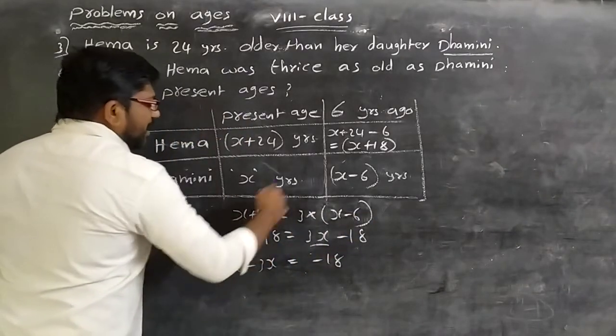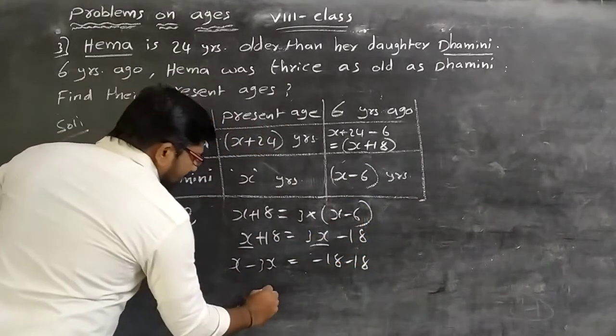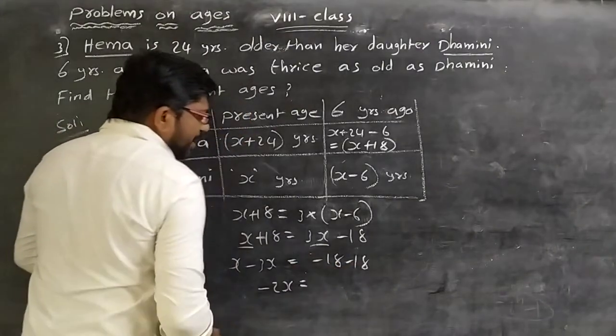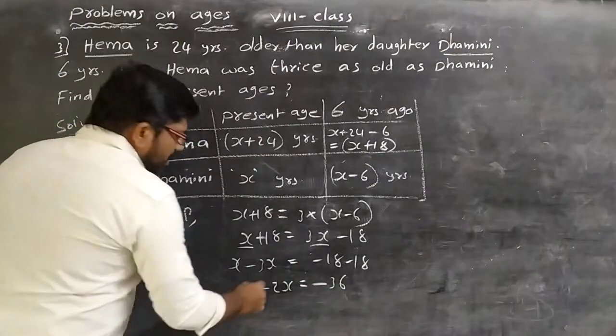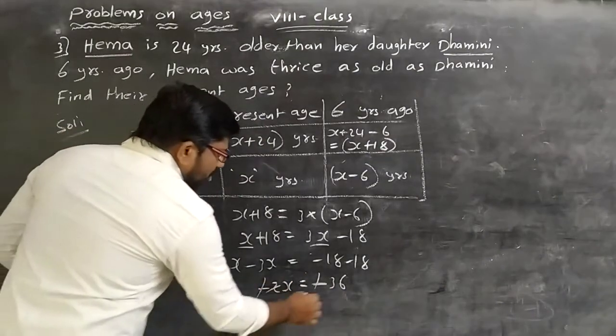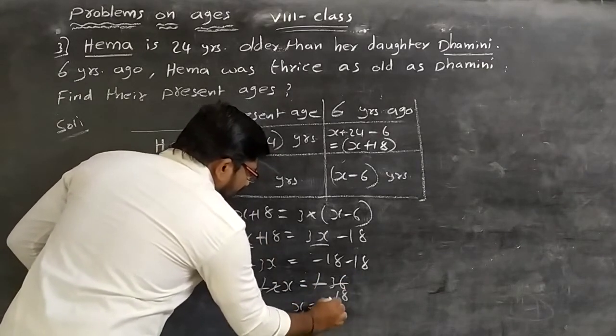So plus 18 take to that side, it will become minus 18. So minus 2x is equal to minus 18 minus 18, minus 36. Right? Here minus minus get cancelled on both sides. Next, 2 ones and 2 18s are 36. So x equal to 18.